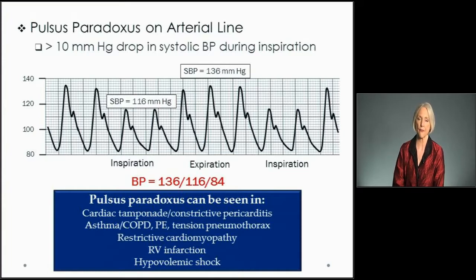Right ventricular infarction can also cause this, as can restrictive cardiomyopathy. There are some pulmonary things that can cause pulsus paradoxus. Asthma, COPD, a pulmonary embolism, and tension pneumothorax are some pulmonary situations that can create this. And then hypovolemic shock is another thing that can cause pulsus paradoxus.